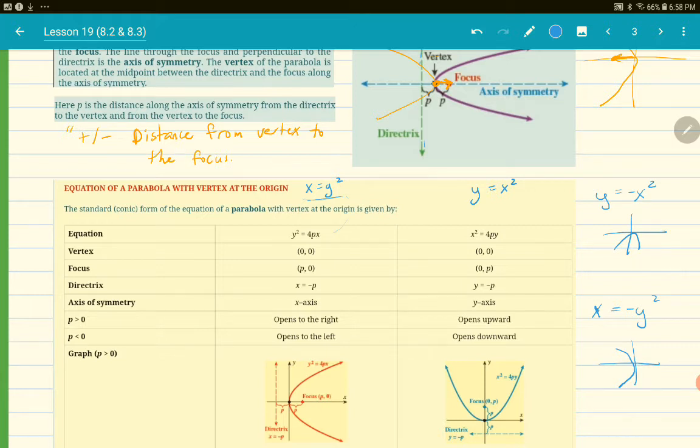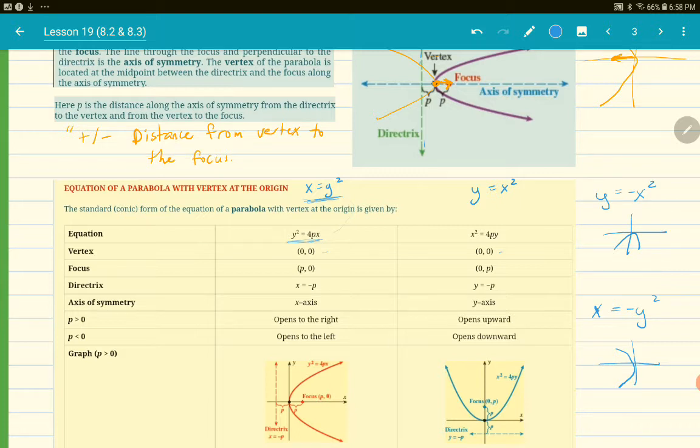And today I want to show you the standard equation, which is here. We start with y squared equals 4px. The 4p tells us the width. So in this parent function, the p is 1/4. For this section, we're just looking at the vertex being at the origin.